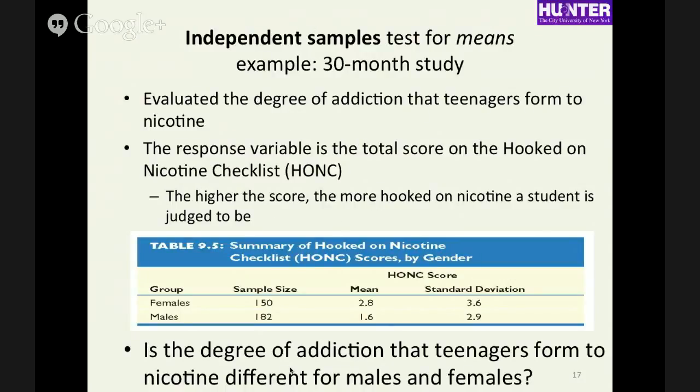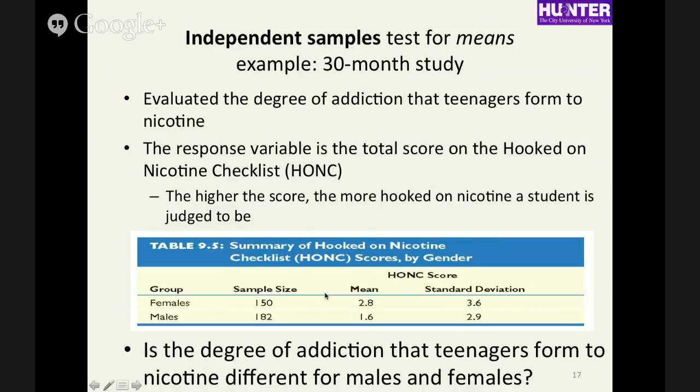Okay, so here's another example of the degree of addiction that teenagers form to nicotine, using a checklist that is summarized to form a single score, the Hooked on Nicotine Checklist, or the HONC score, where a high score means you're more addicted to nicotine, and a low score means you are less addicted.